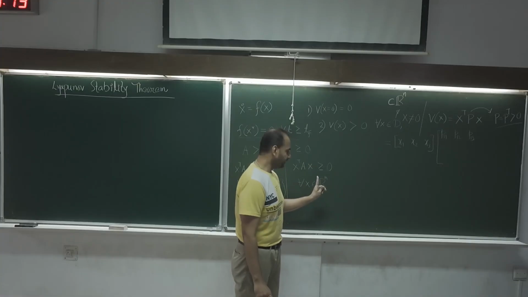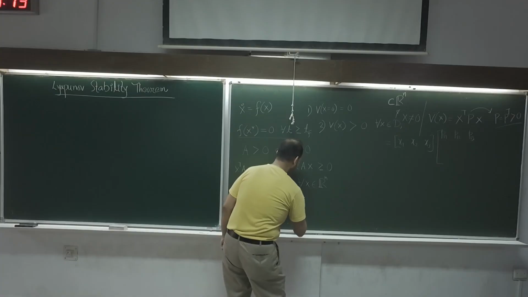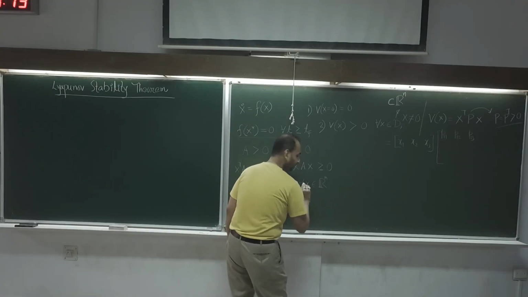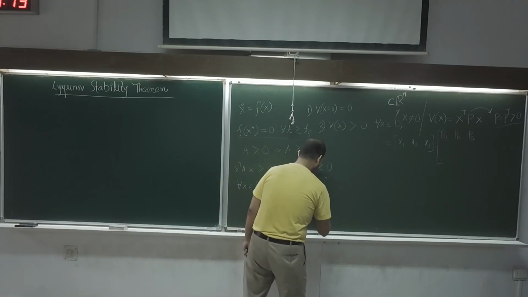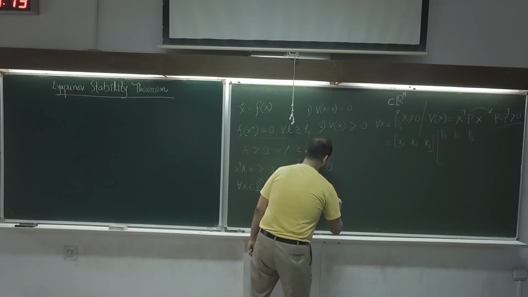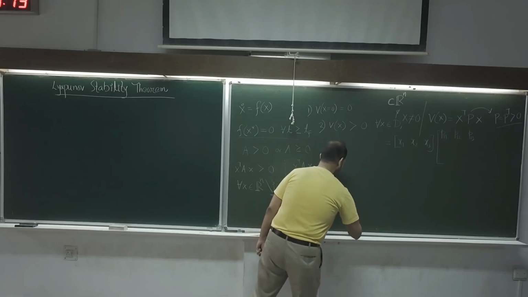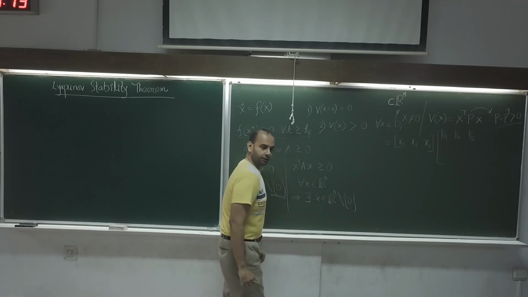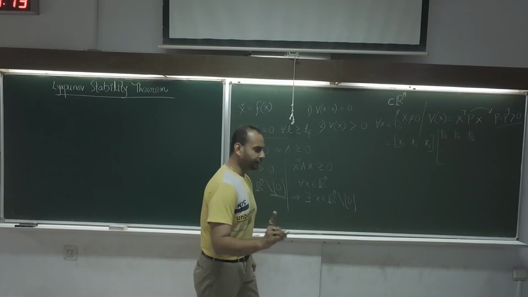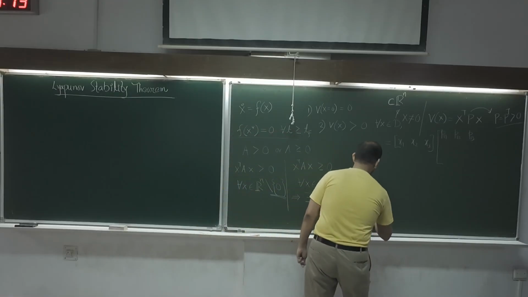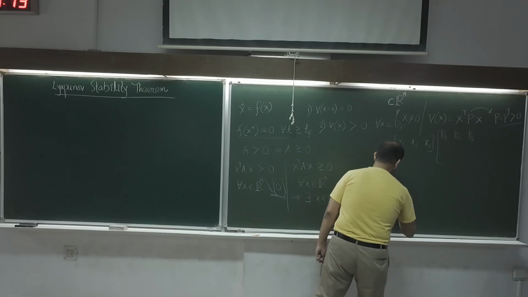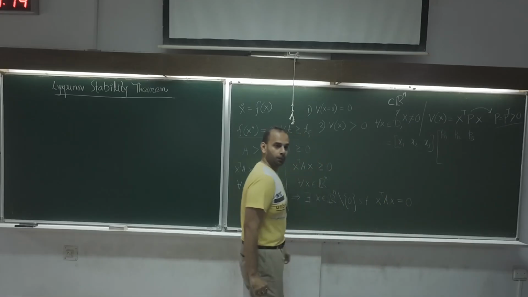Yes, so here it can happen. What does it imply? Definitely there will exist a vector in Rn which is not identically 0 such that x transpose Ax equals 0.